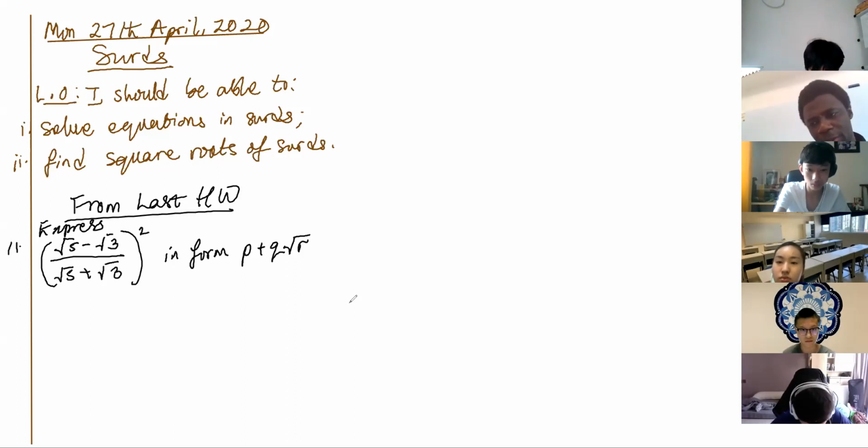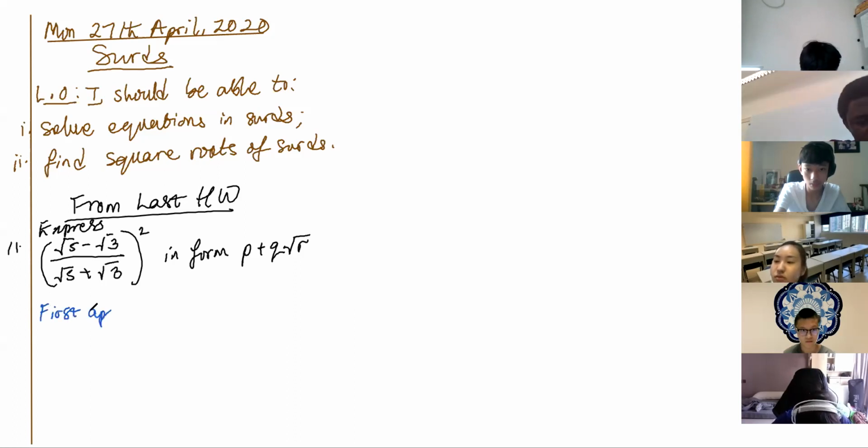You can either square the value. There are two approaches people use. First approach: first we square, we open the brackets.